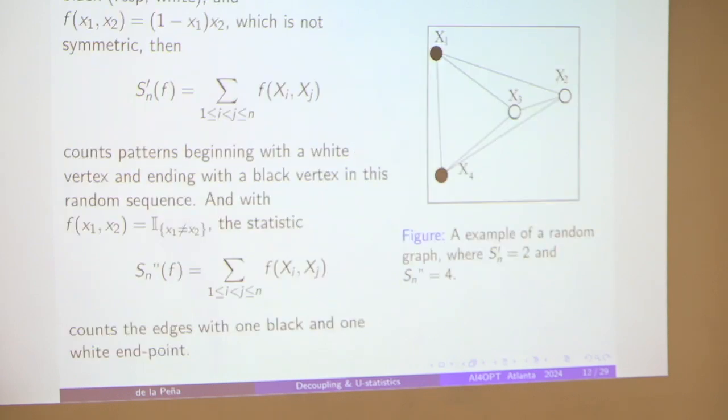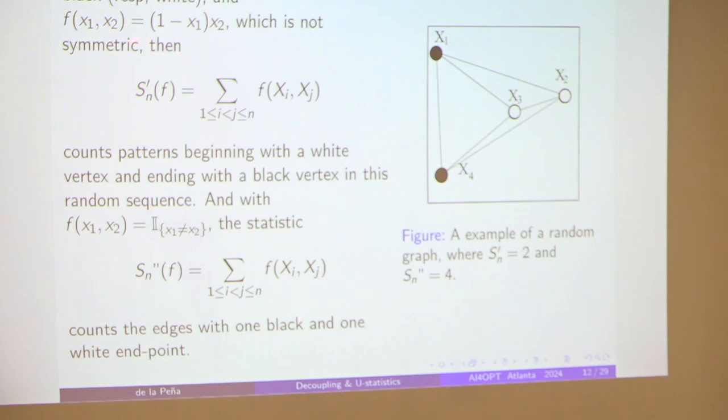So for example, suppose that you have this random graph where the x_i's are Bernoulli of p, where p is the parameter. So the vertex x_i equal to 1 or 0 indicates that the vertex is black or white. And f of x1, x2 is equal to (1 minus x1) times x2. Now this one is not symmetric, but still the decoupling inequalities apply.